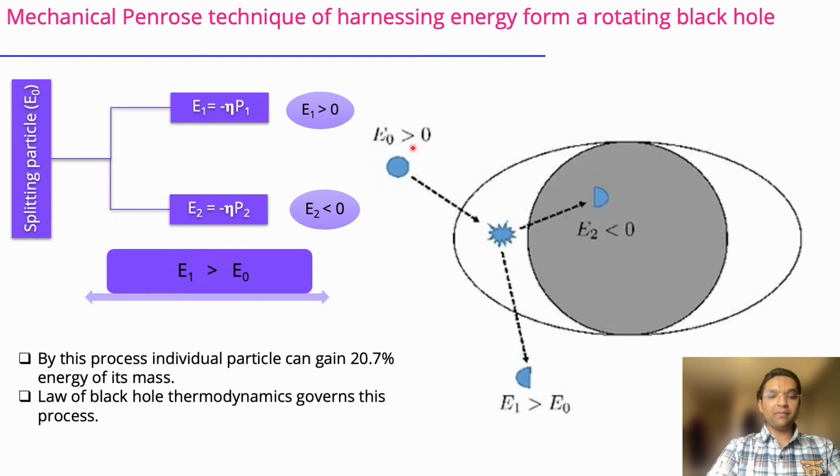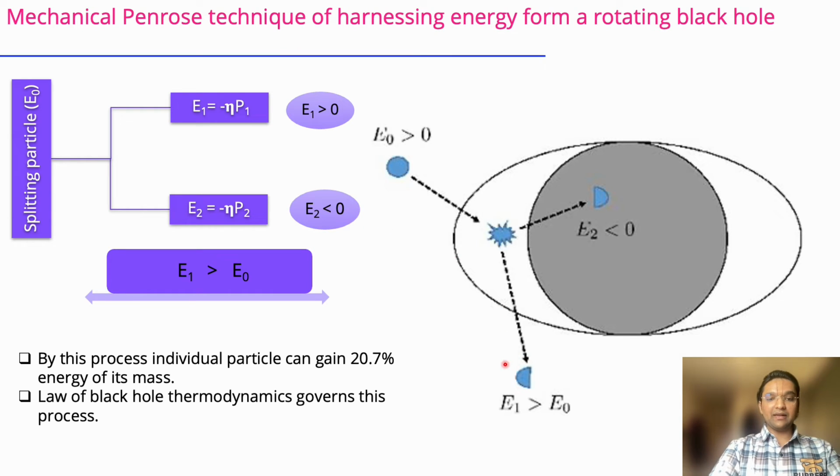Consider a free-falling particle that enters a spinning black hole with an energy E0. The particle disintegrates into two particles with four momenta P1 and P2. Their corresponding conserved energies are E1 equals minus eta P1 and E2 equals minus eta P2 respectively.